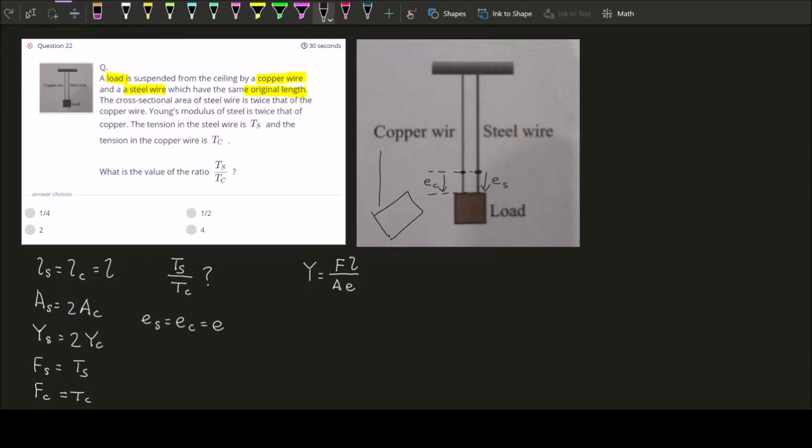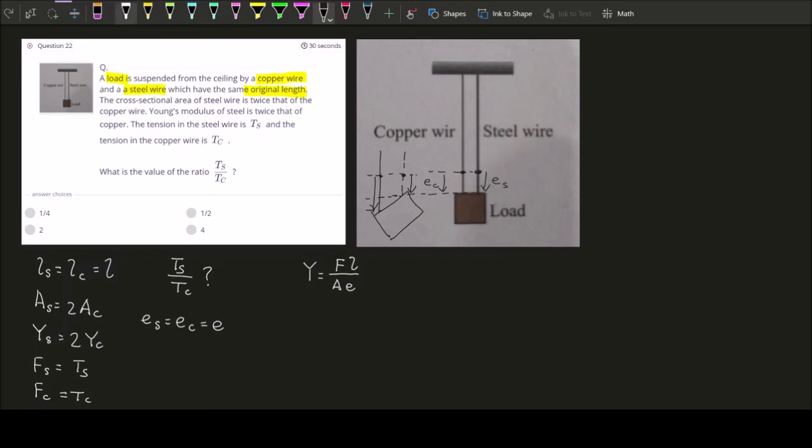The copper would probably have a longer final length than the steel wire, meaning different amounts of elongation. One experiences more elongation, the other less. But that's not the case here. Here, they have the same elongation.